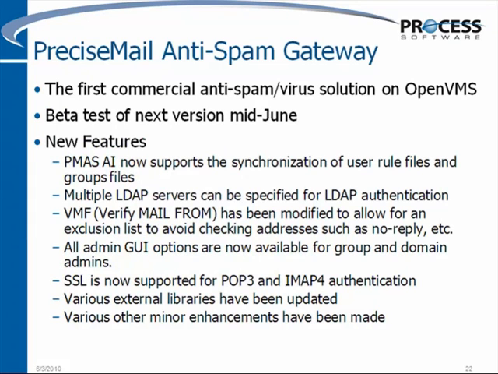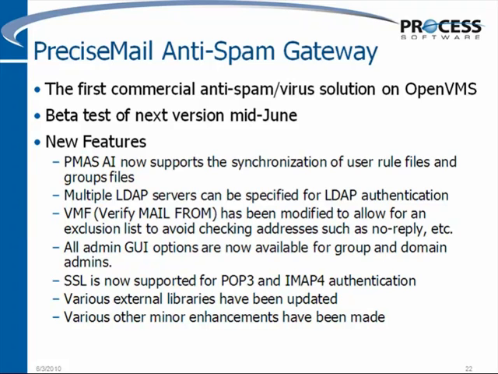Our anti-spam gateway was the first anti-spam commercial solution available on VMS. It provides inspection of email messages and quarantine of them if they have spam. We put out new releases of our new detection fingerprints for spam on a regular basis.